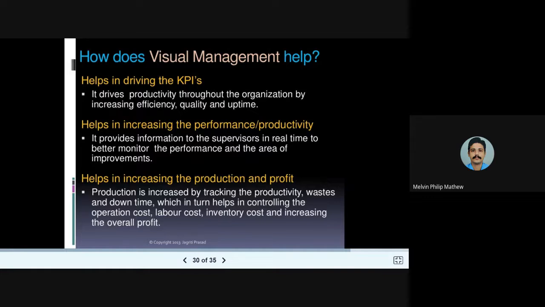If we eliminate the waste, we will obtain certain profit, and the overall profit will always increase by visual management. So visual management is a key part of KPIs. We have to have visual data for comparing each and every work done during the production cycle of a product. That is how visual management helps us.